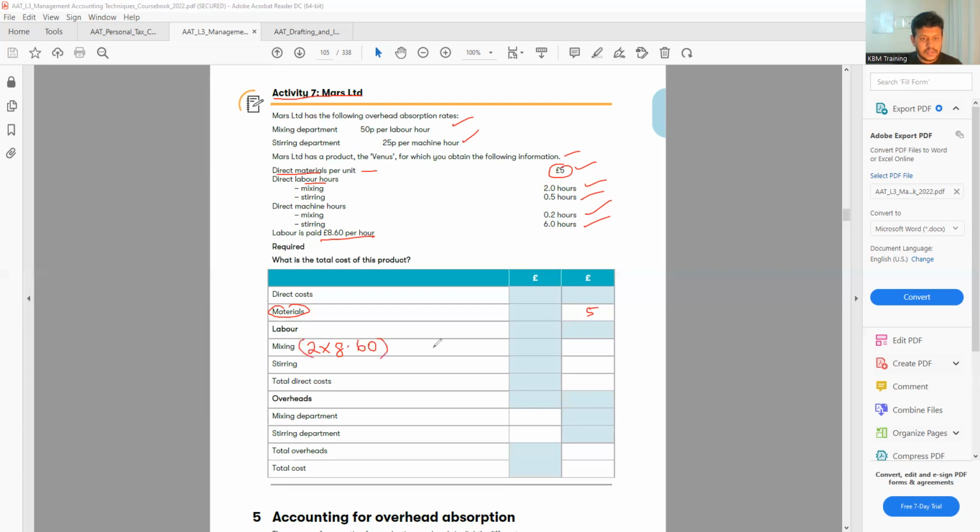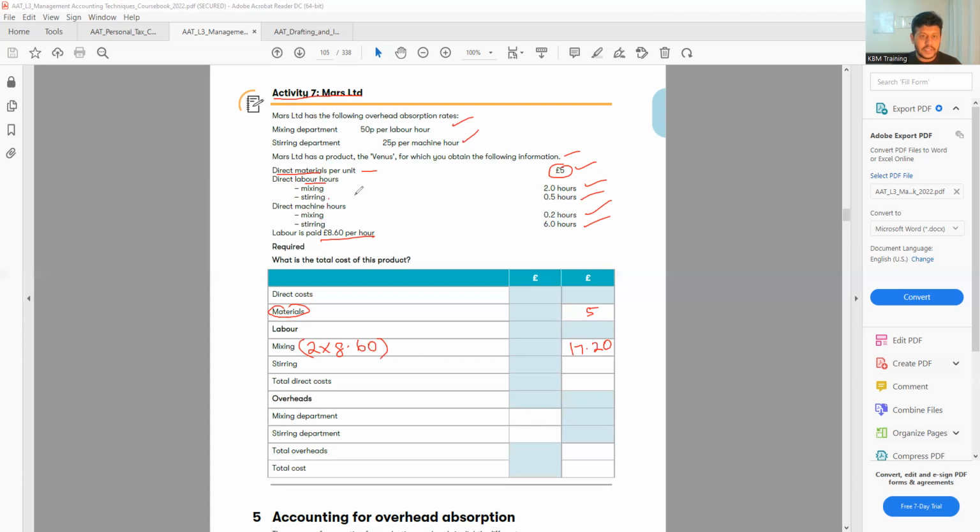So it will be 2 times 8.60, which is 17.20. And for the string, it says 0.5 hour.